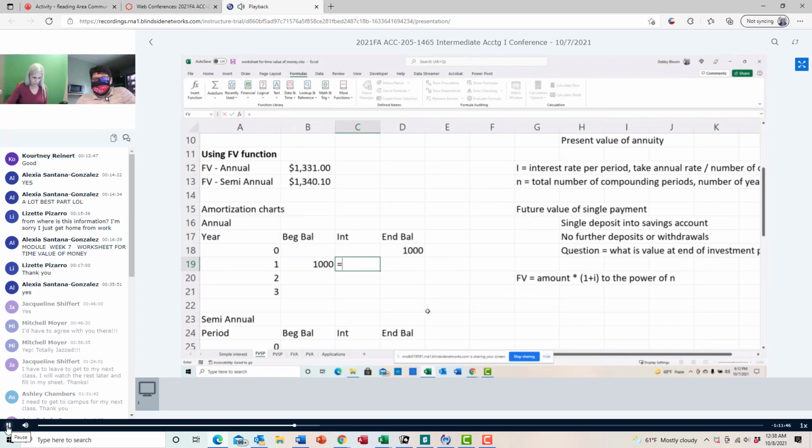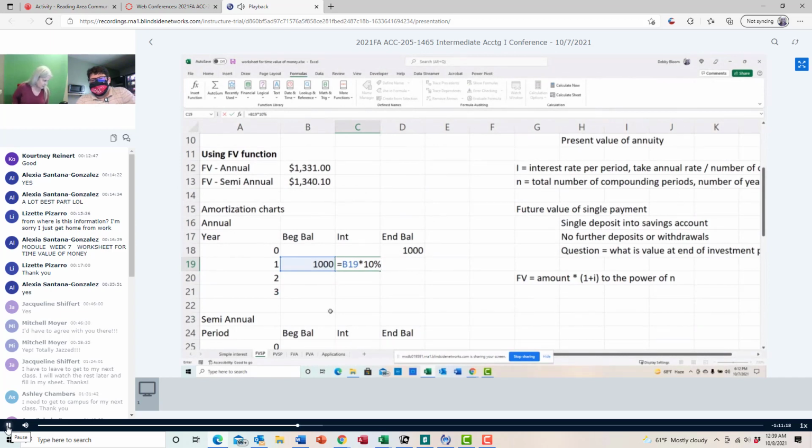We want to tell Excel to take whatever the beginning balance is, so I'm going to click on cell B19. I'm going to multiply it by my interest rate of 10%, and then multiply it by the time factor. In this case, because it's annual, I would multiply it by 12 over 12 or 1, so I can just leave it off for the annual. I made sure to do an amortization chart with semi-annual, so you know how that works as well.